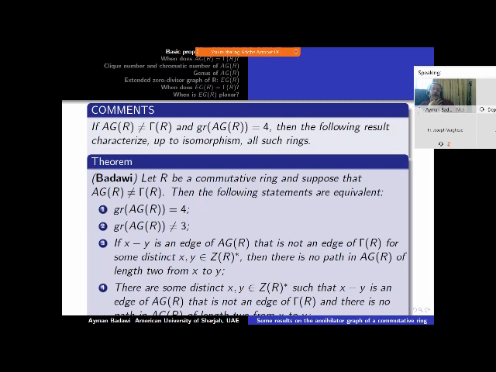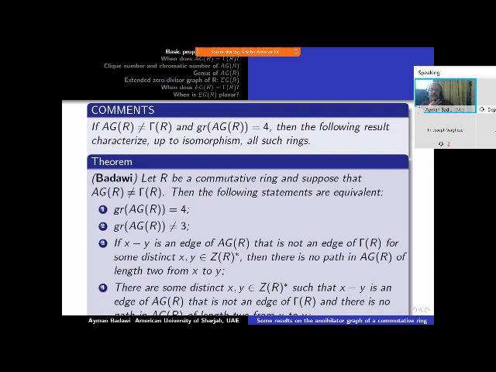And remember that this result is under the assumption that these two graphs are not the same. That means if the girth is not 3, it has to be 4.